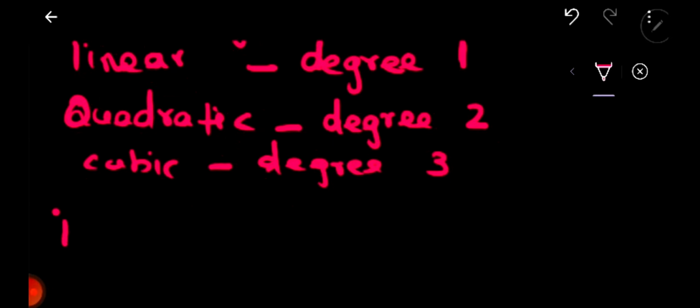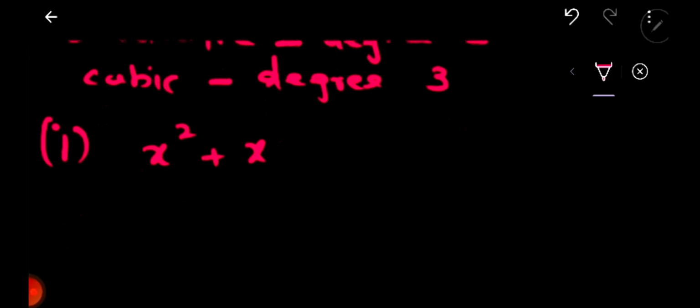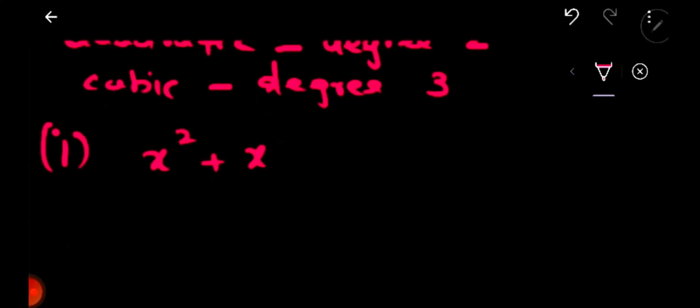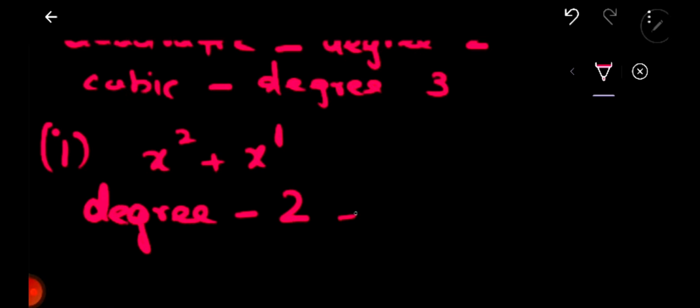First question, x squared plus x. What is the degree of this polynomial? Here the power is 2. The second term's power is 1. So the degree of the polynomial is 2. So that's why it is a quadratic polynomial.